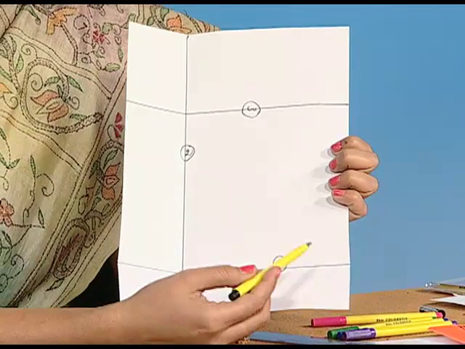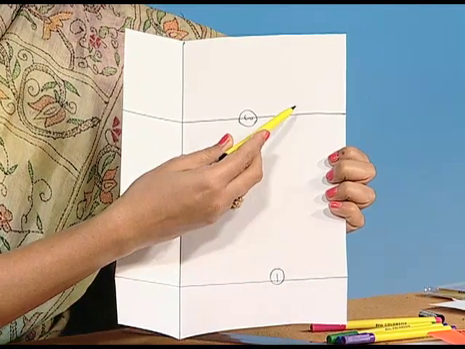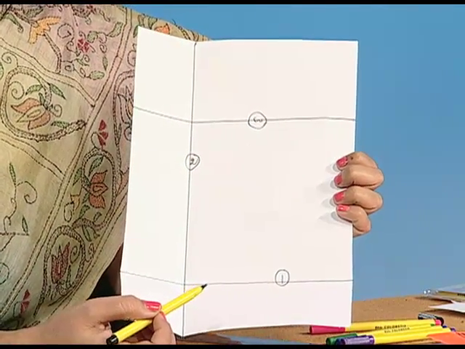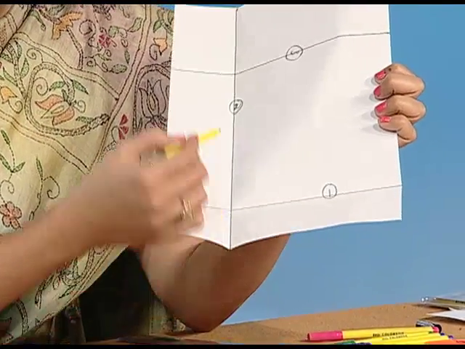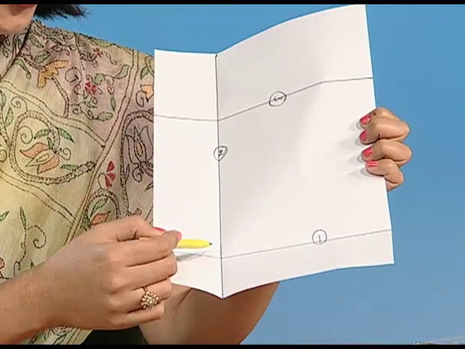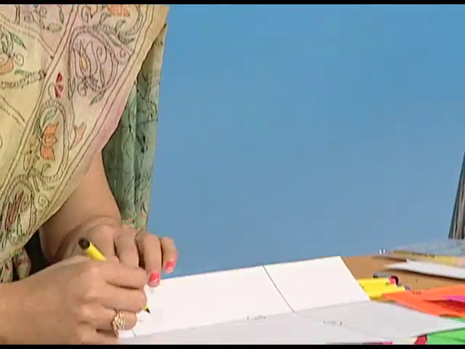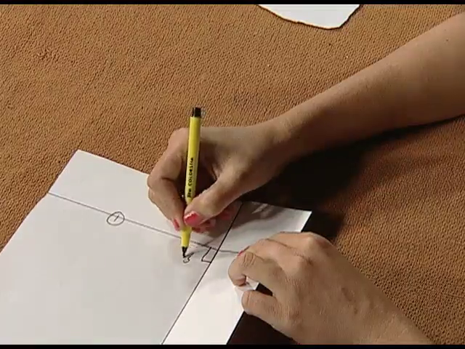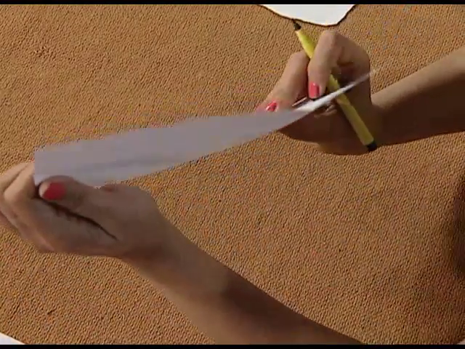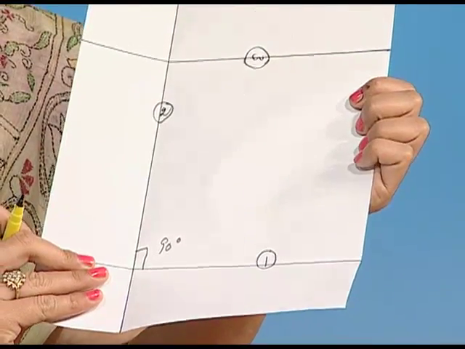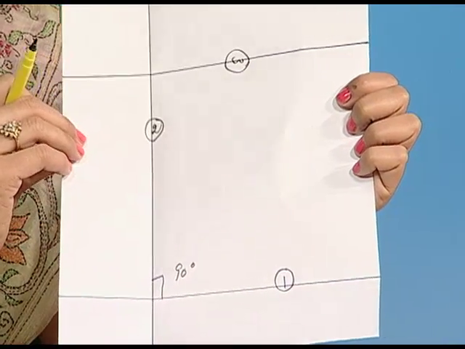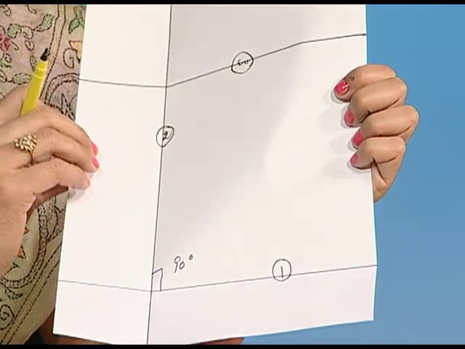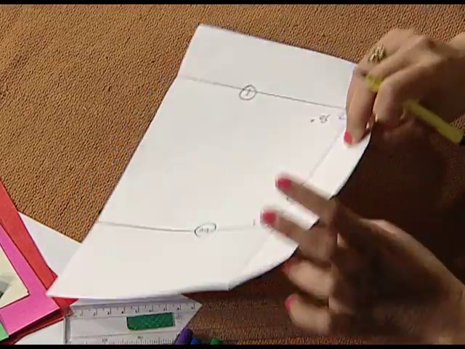Now observe this carefully. If I say crease 1 is parallel to crease 3, am I right? Let us see. Crease 1 is perpendicular to crease 2. This means this angle which I have marked is 90 degrees. Now crease 2 and 3 are perpendicular to each other. So this angle is also 90 degrees.